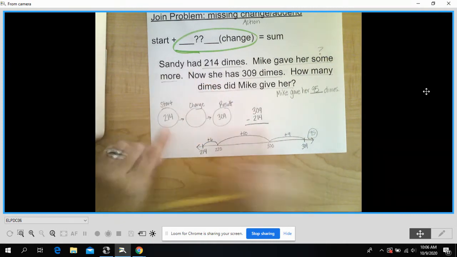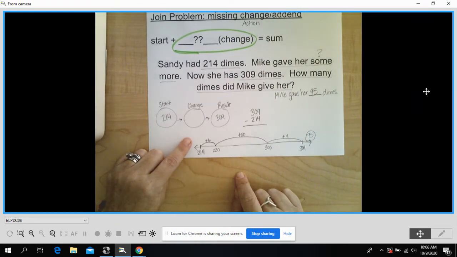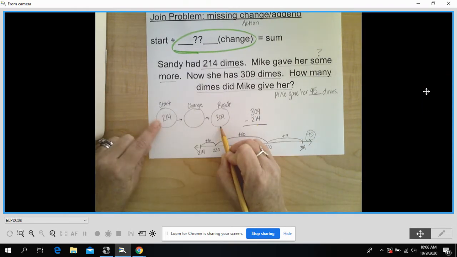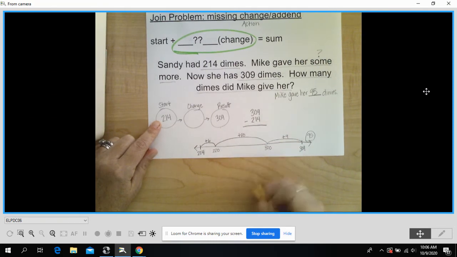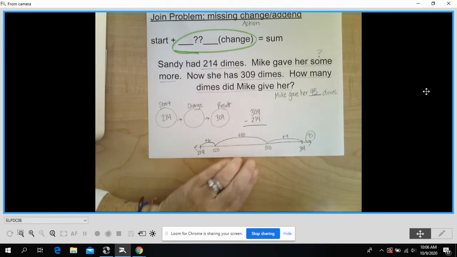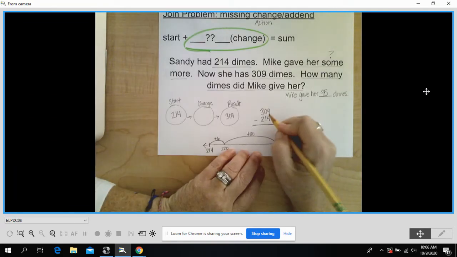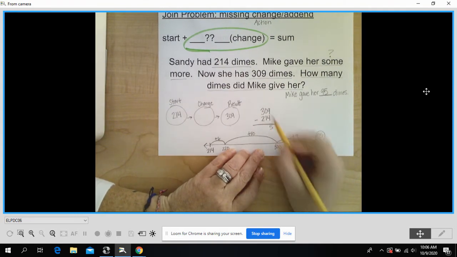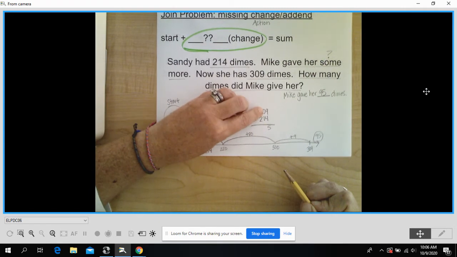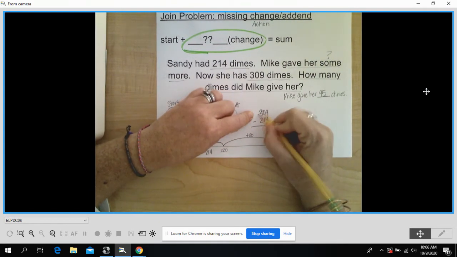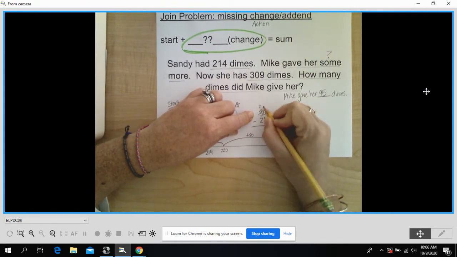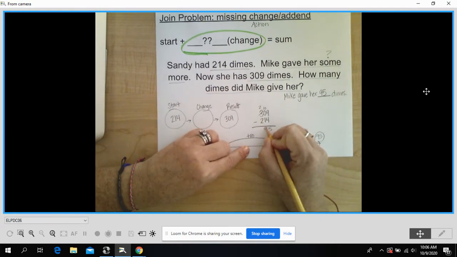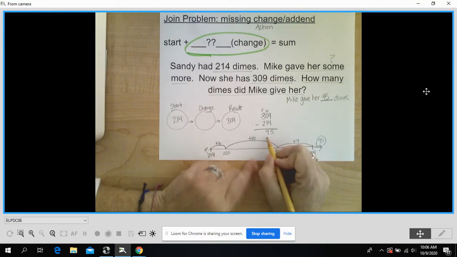Let's now do this through subtraction, where again, we took the end result. We're taking away how many she had from the start, and my answer will tell me how many Mike gave her. Starting with my ones, 9 minus 4 is 5. Then I go to my tens place. 0 minus 1, I need to borrow over here from the hundreds. 2 and 10. 10 minus 1 is 9, and then 2 minus 2 is 0.